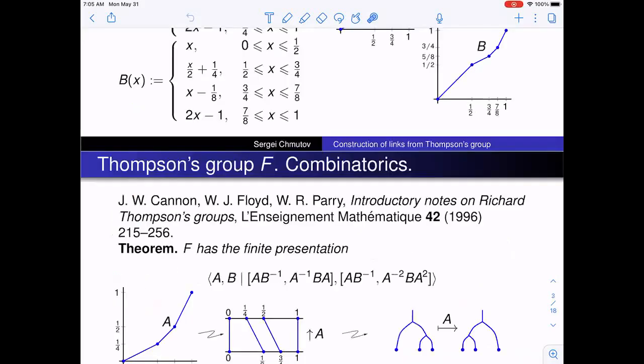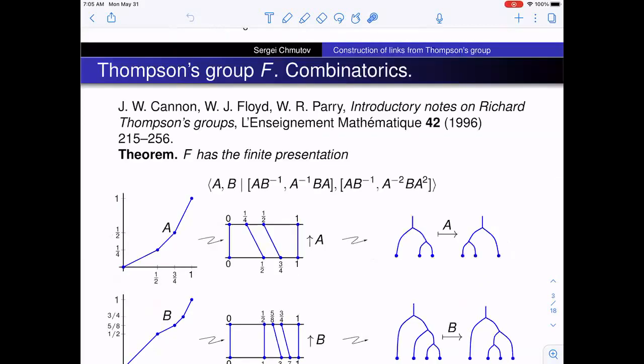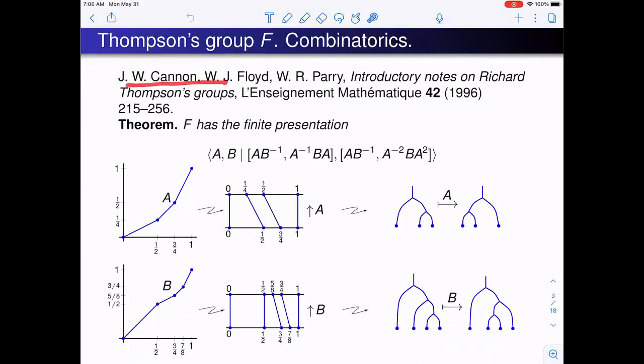My information about the Thompson group comes from that paper of Cannon, Floyd, and Parry, a very nice paper about the Thompson group. In particular, I learned from that paper this presentation of the Thompson group. A and B are generators, and there are only two relations between them: a commutator of those two elements, this one and that one, and another commutator between those two elements.